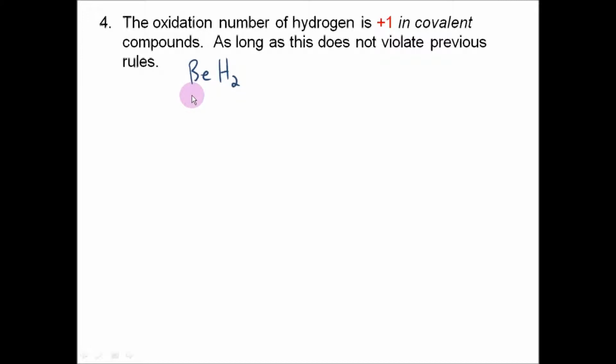Well, that hydrogen, as it turns out, can't be a plus 1 because that would give this overall compound a pseudocharge. And so in this case, each of these hydrogens is going to have to be a minus 1.